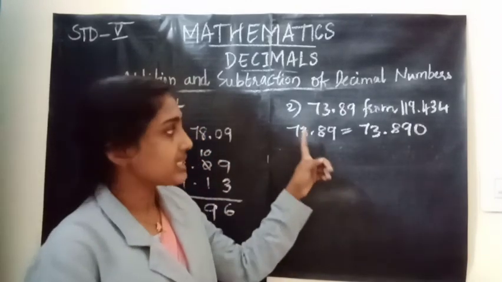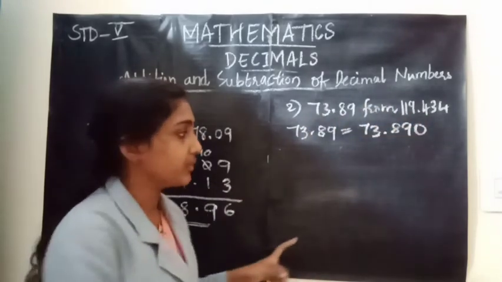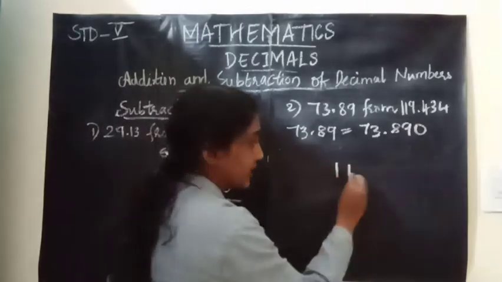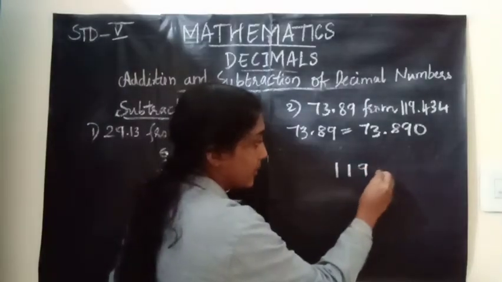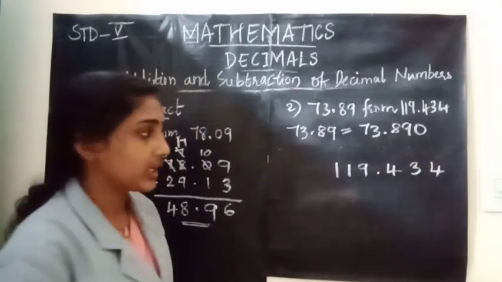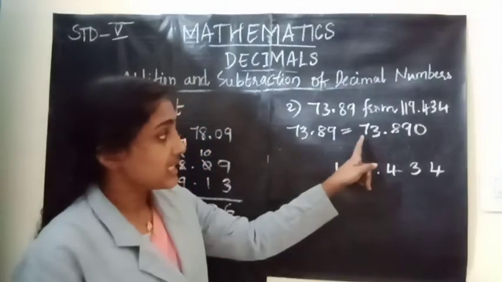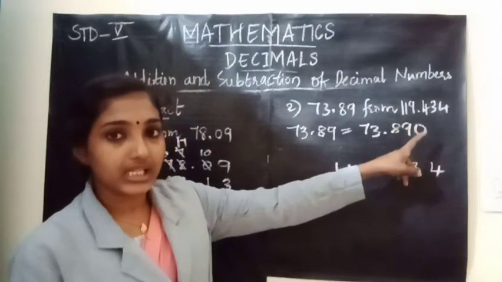It is to subtract 73.89 from 119.434. So we can write 119.434. Then subtract 73.890.